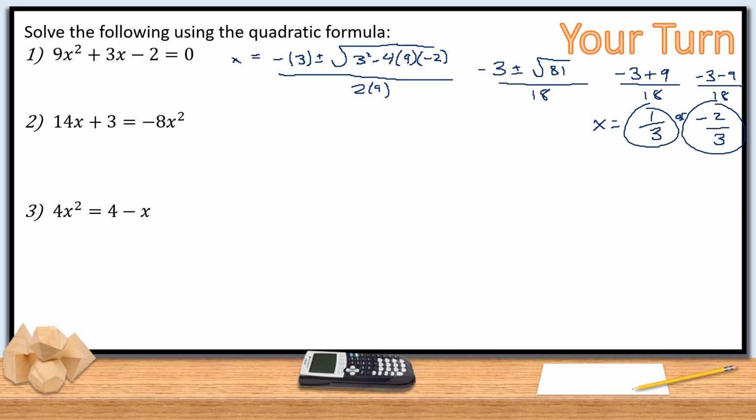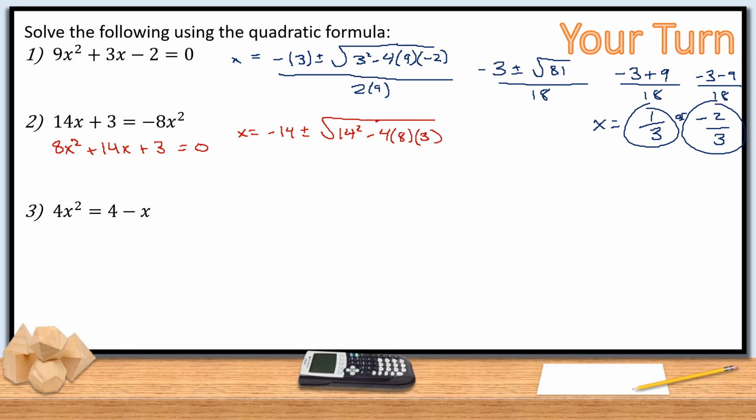Okay, next one. The 8x squared needs to move over, so this will be 8x squared plus 14x plus 3 equals 0. So a is 8, b is 14, c is 3. So we're going to have x equals minus 14 plus or minus square root 14 squared minus 4 times 8 times 3.